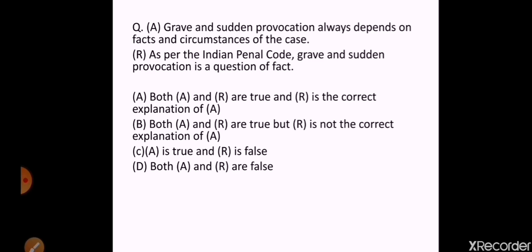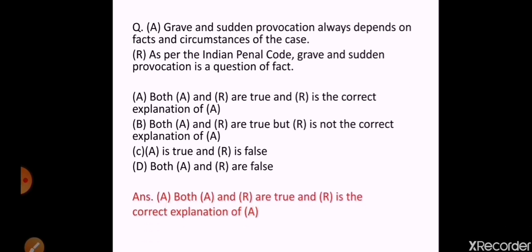A says both A and R are true and R is the correct explanation of A. B says both A and R are true but R is not the correct explanation of A. C says that A is true and R is false. D says both A and R are false. So by reading the assertion and reason, what do you all guess? Let me tell you the right answer. Option number A, that is both A and R are true and R is the correct explanation of A.